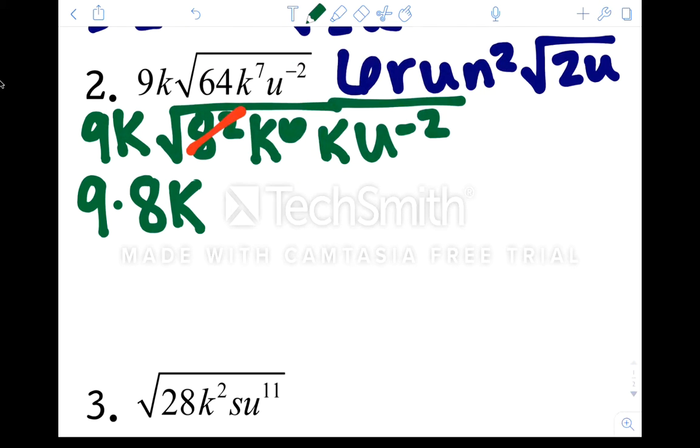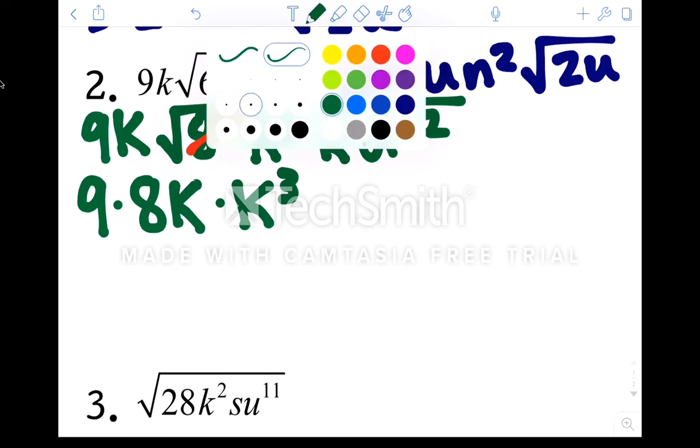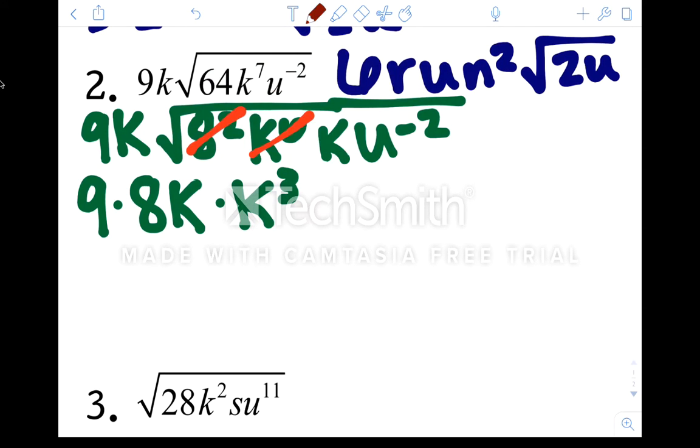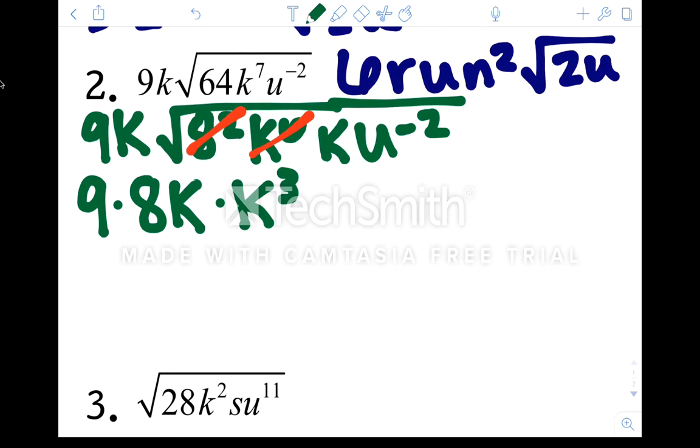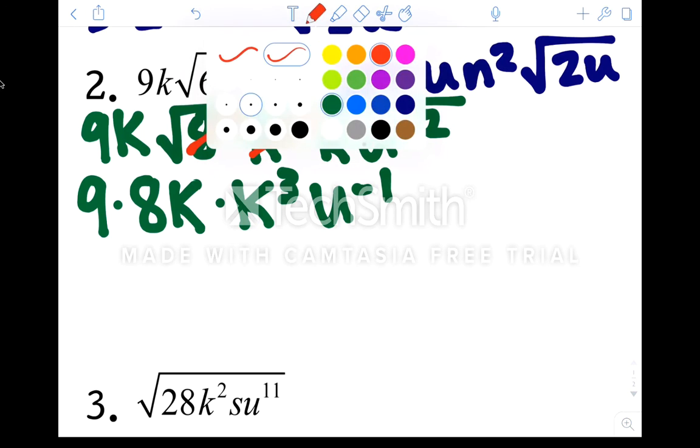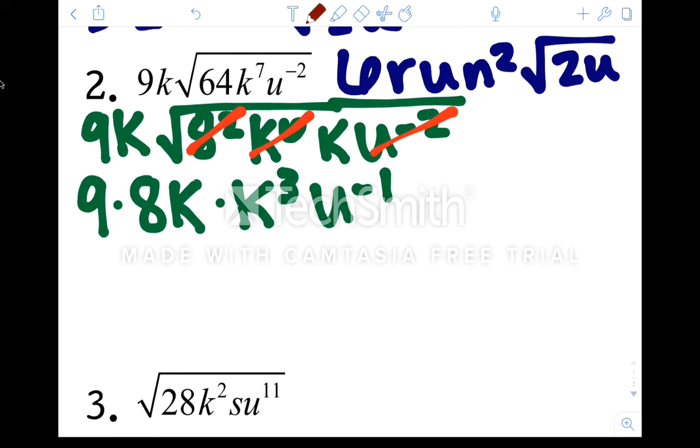The square root of k to the 6th is k to the third, because remember, we're taking 6 divided by 2, which is 3. And then I have u to the negative 2nd. Negative 2 divided by 2 is negative 1. So I'm going to have u to the negative 1 outside the radical. And then inside, I'm just left with that extra k. So I need to remember to add that on to the end.